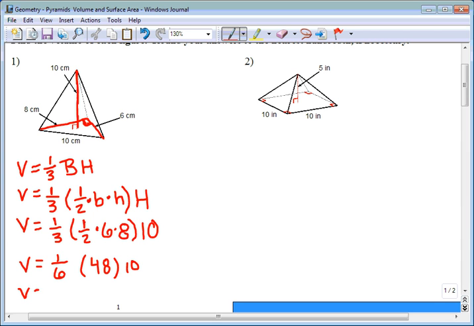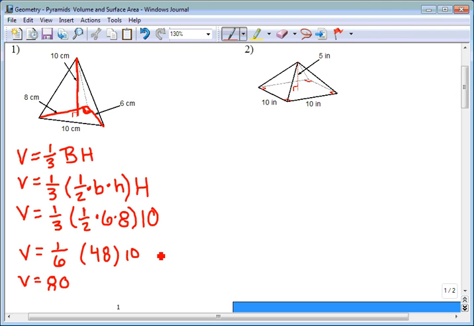Times 10. So when I multiply this all out, I get 80 centimeters cubed for the total volume of this pyramid.